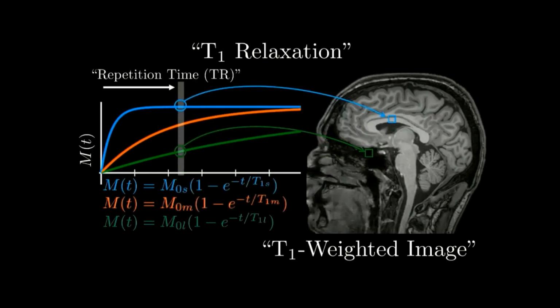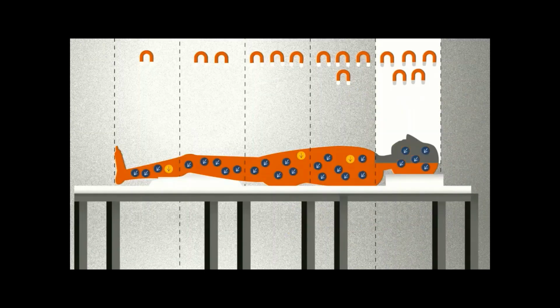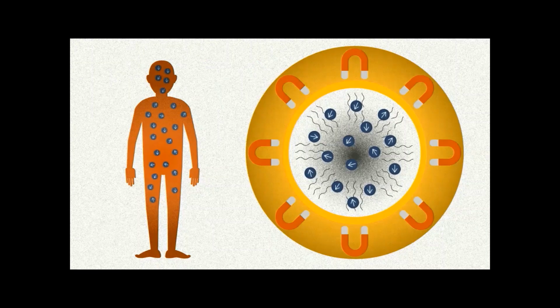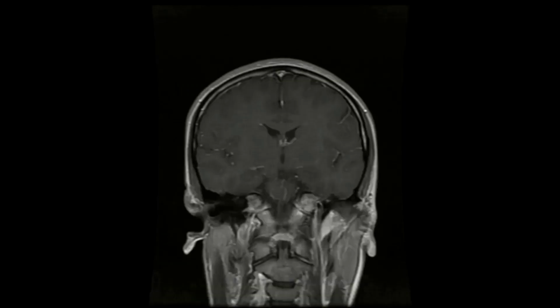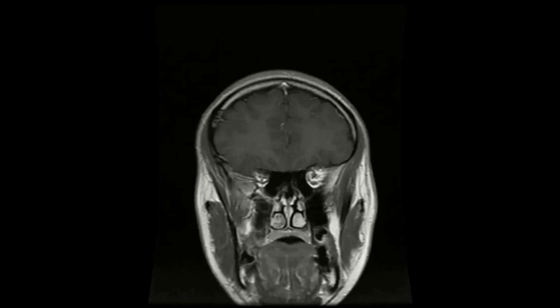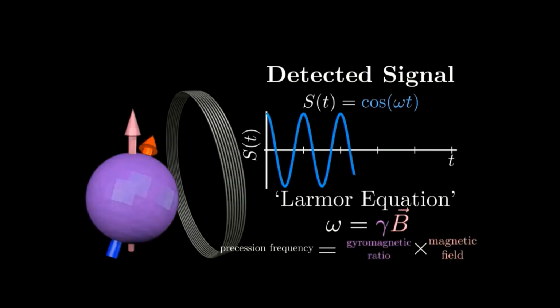And the MRI machine will basically repeat this process over and over again until it has enough signal to produce a diagnostically sound image. To one equation, which is that the frequency of precession is proportional to the magnetic field strength.